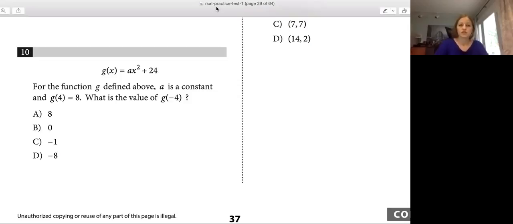So if we wanted to solve this function for a, we would start with g of x equals ax squared plus 24. This is our function.